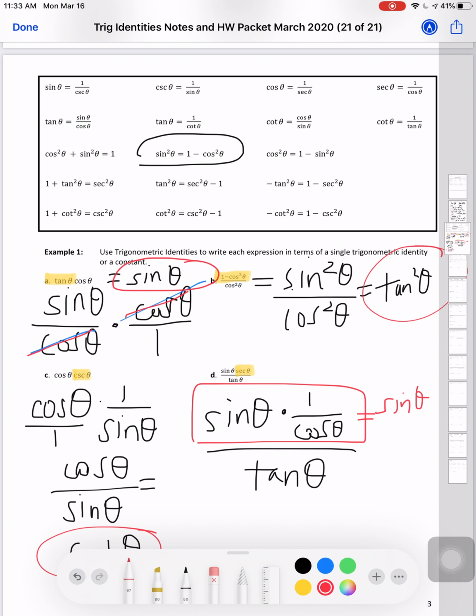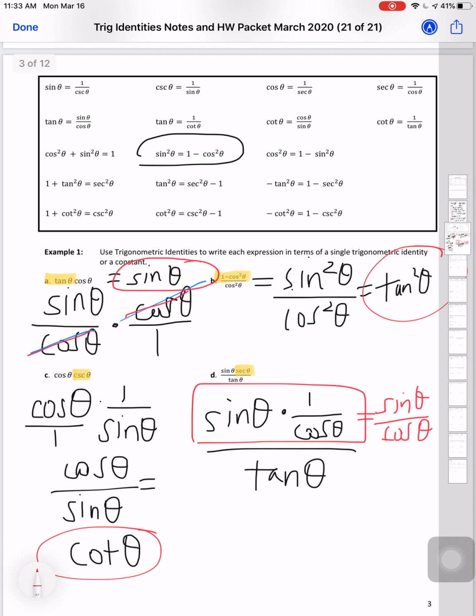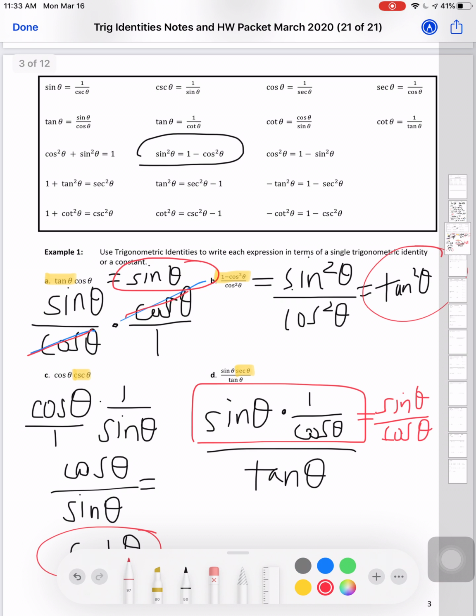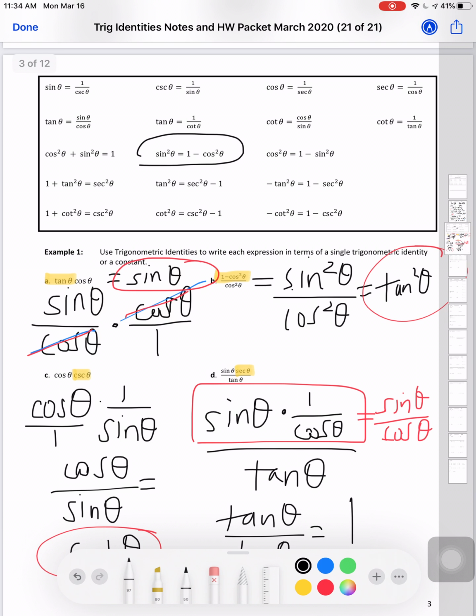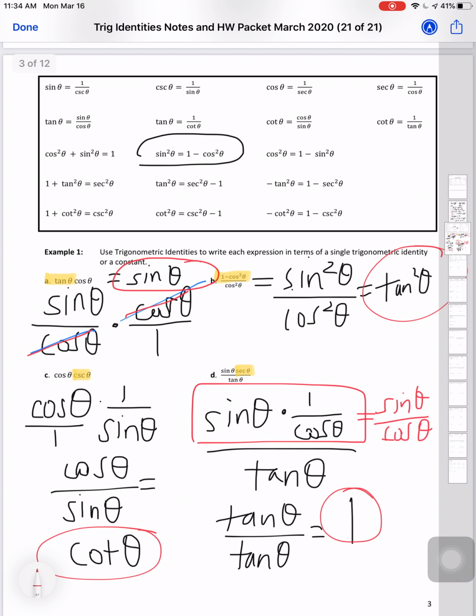And sine over cosine is equal to tangent. And then my resulting function is tangent over tangent. And tangent over tangent equals 1. So I end up with that for my value.